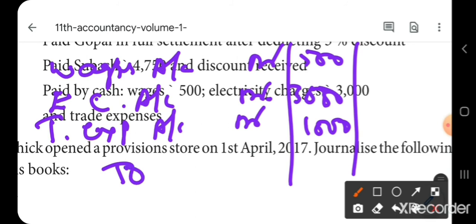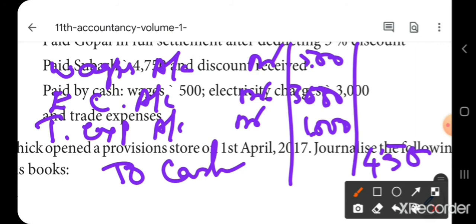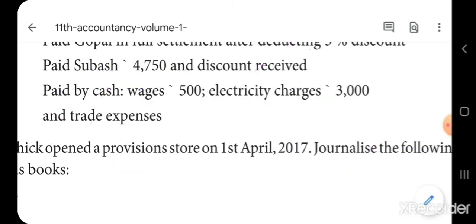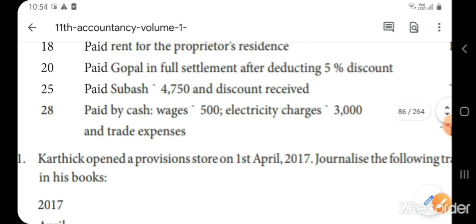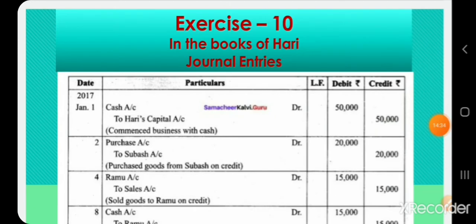Altogether, cash is going out of the business, to cash. Credit what goes out? 3000 plus 1000, 4000 plus 500, 4500. Totally, you can write it as 4500. Okay. Now, take down the solution to the exercise 10.